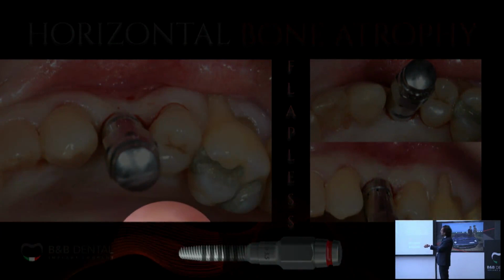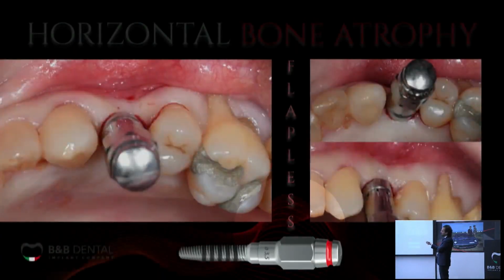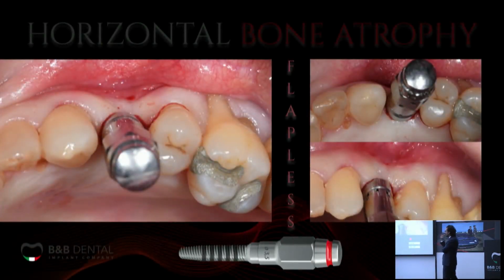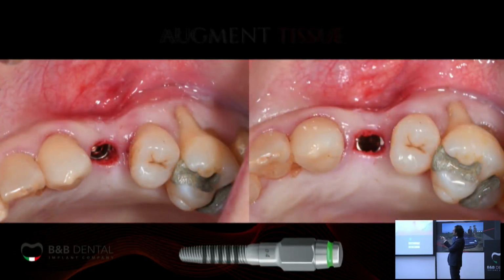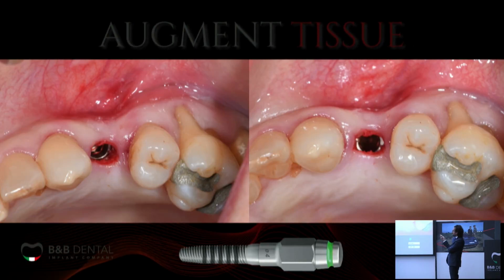So I went through the normal protocol. This one is already the third expander. Actually, I went through the 2.2, then the 2.8, the 3.3, and the last one that is 3.8, so to insert a 4.0 implant.